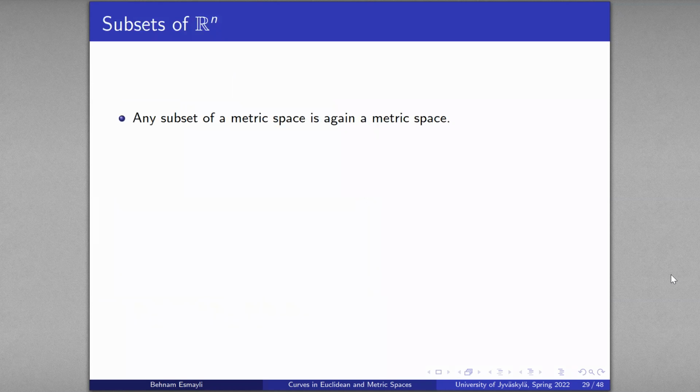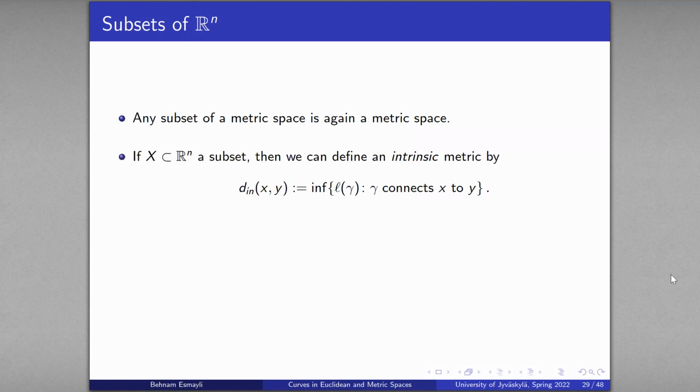Okay, recall that any subset of a metric space becomes a metric space by the distance that it inherits from the ambient space. So if you start with any subset of the Euclidean space, it comes with this distance, norm of x minus y.